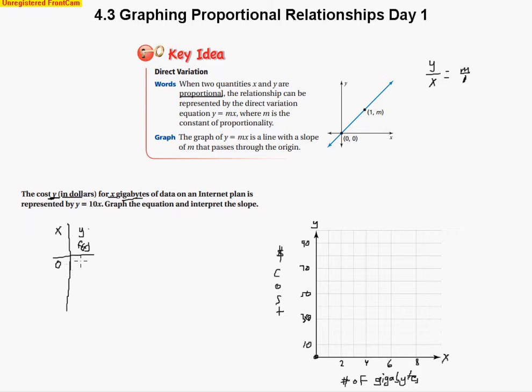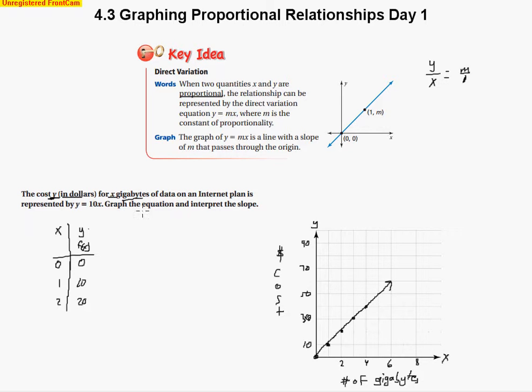When I plug 0 in, I just get 0, because 0 times 10 makes 0. If I plug 1 in, 1 times 10 makes 10. If I plug 2 in, 2 times 10 makes 20. So you can see how I would just go up like this on my graph, given the intervals I have. It's going to continue up, so I'm going to show that arrow going up.